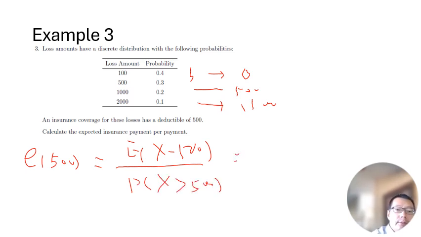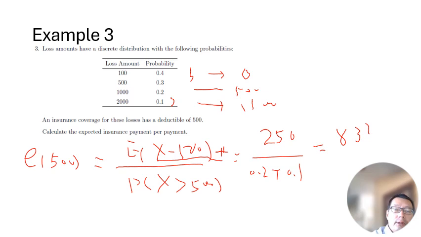This part we already calculated to be 250, and the probability of X greater than 500 is the last two, which is 0.2 plus 0.1. So you will get this value. If you are not sure how we got this number, you can go back to the previous example to find out.